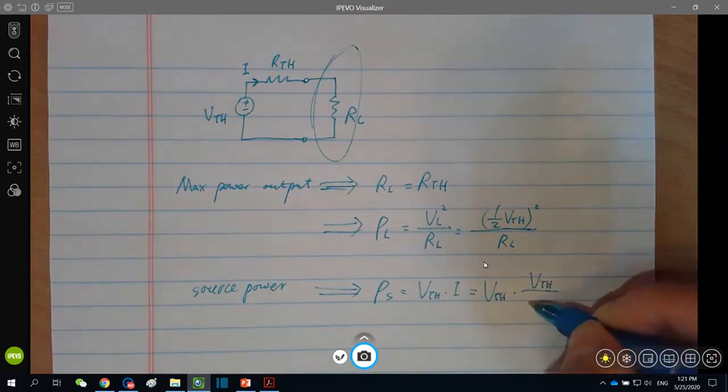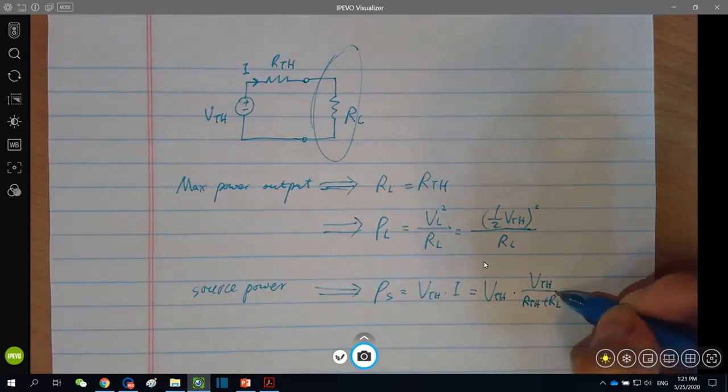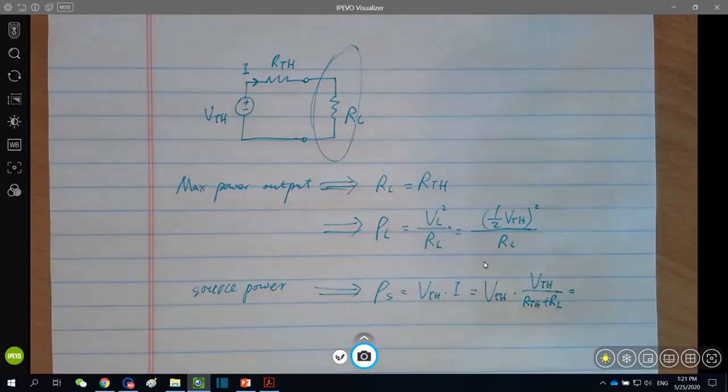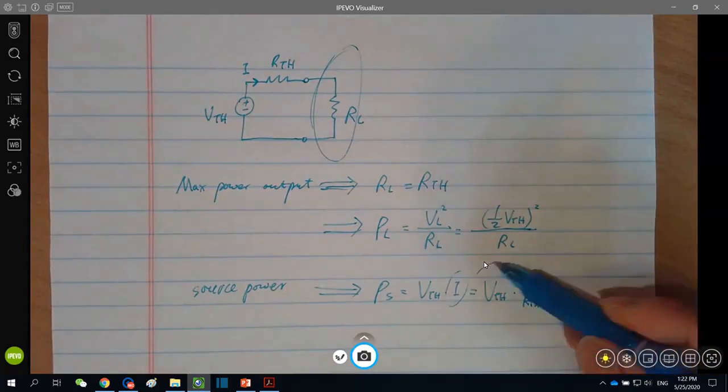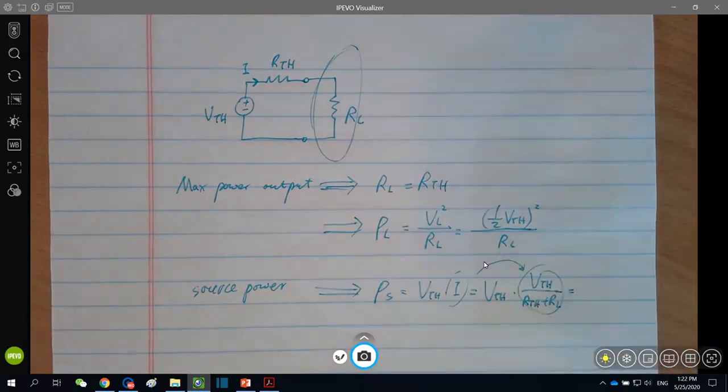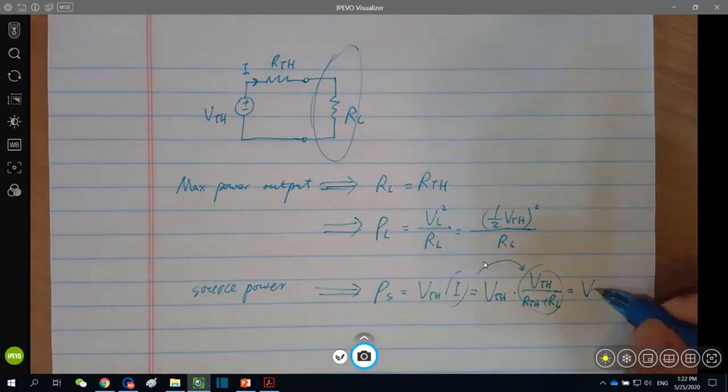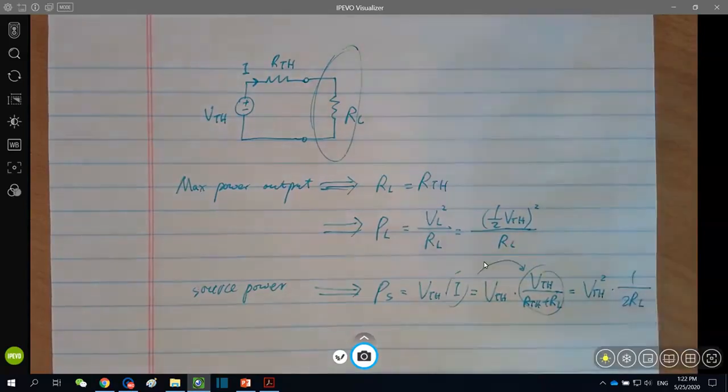According to Ohm's law, I equals VTH times 1 over 2RL, so the source power is VTH squared times 1 over 2RL, since RTH is equal to RL.